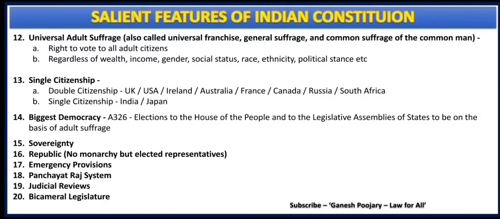The 15th feature is a very important feature which is available in our preamble also. We are a sovereign nation. We decide what is good for us and what is not good for us. We decide which international things we want to participate in or not, which international body we want to represent and which we don't, which covenants, conferences, treaties we want to be part of and which we don't, when to start a war or end a war for national safety and security.